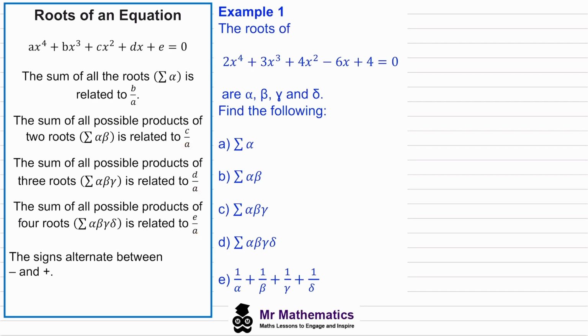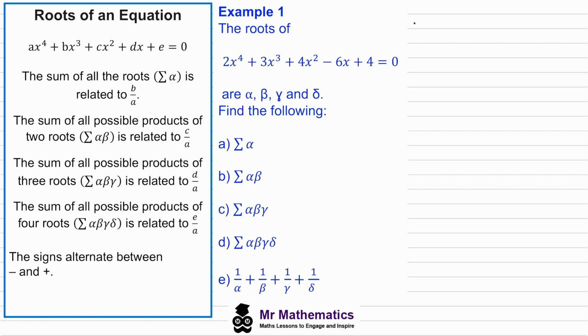So if we look at example 1, we've been asked to work out the sum of the individual roots for part A, and we're told that the roots are alpha, beta, gamma, and delta. So the first thing we need to do is to divide the left-hand and the right-hand side by 2, because that will make the coefficient of x to the 4 equal to 1.